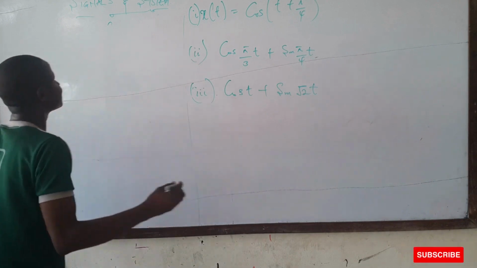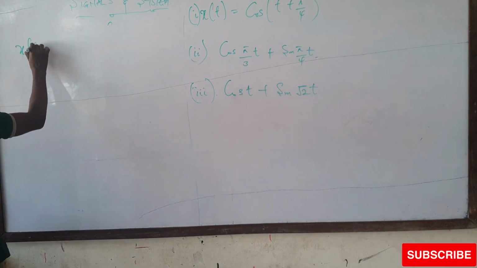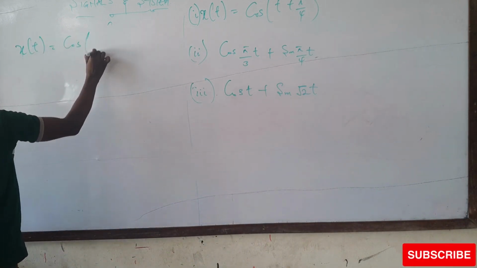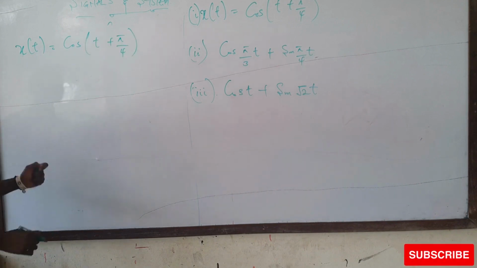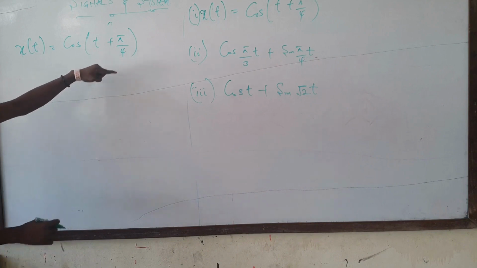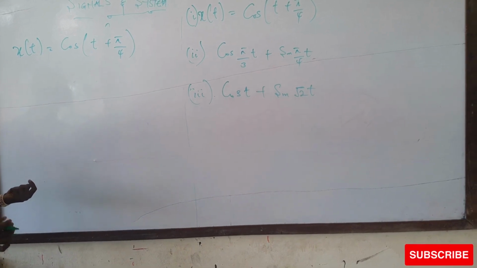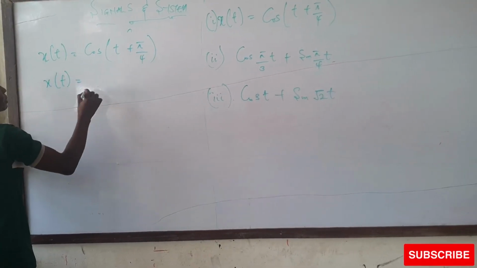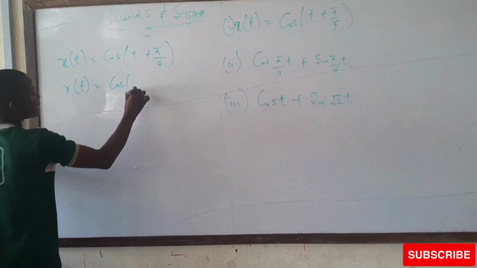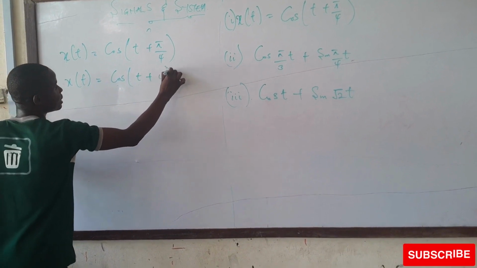If I have x of t is equal to cos of (t plus pi over 4), I can compare it with x of t is equal to cos of (omega t plus phi).